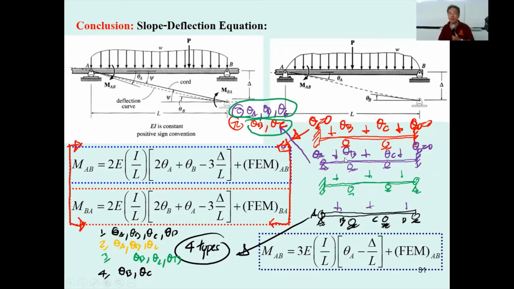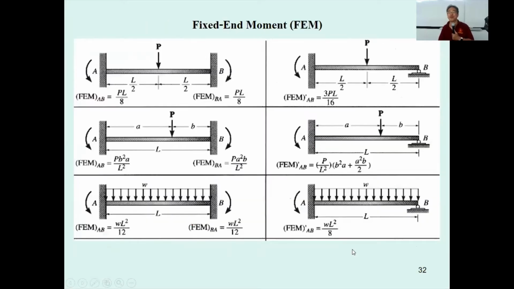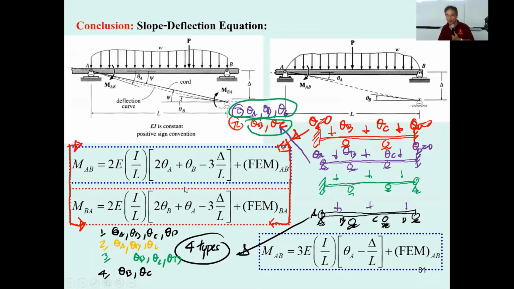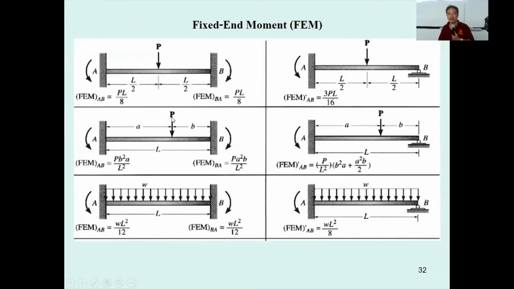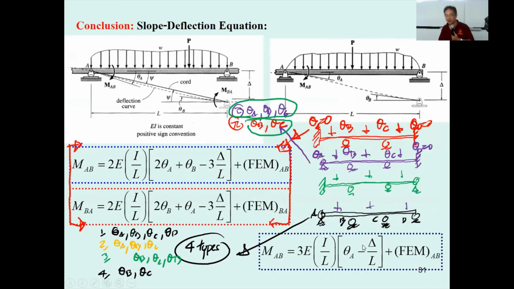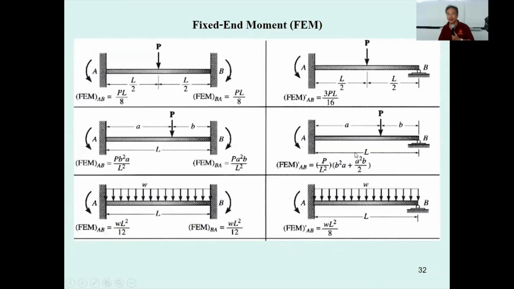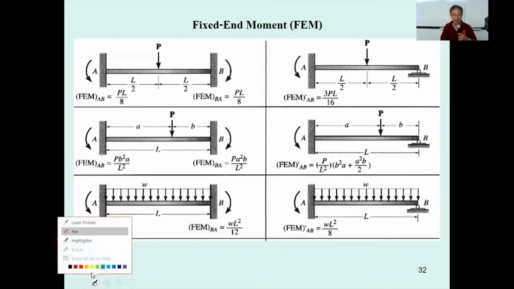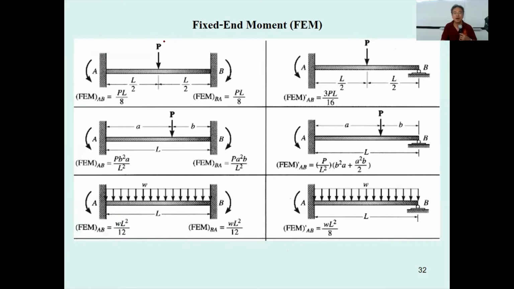And the fixed end moment will follow it. Because the fixed end moment from this set is different from this one. This is a fixed end moment of 2 sets. On this one, it will follow this side. For this one, special one, it follows this side. Some of these, you must remember. For example, this is simple.